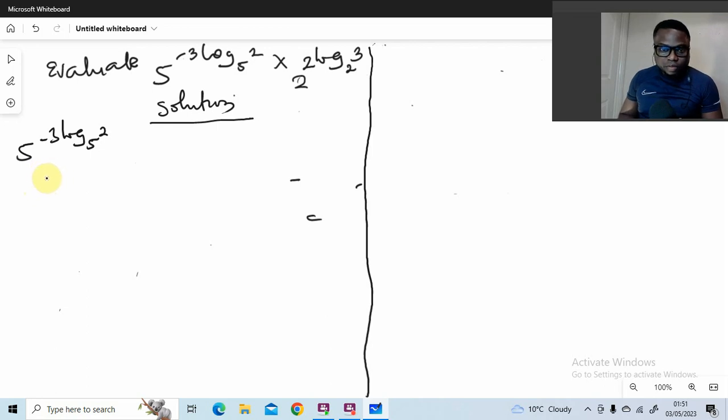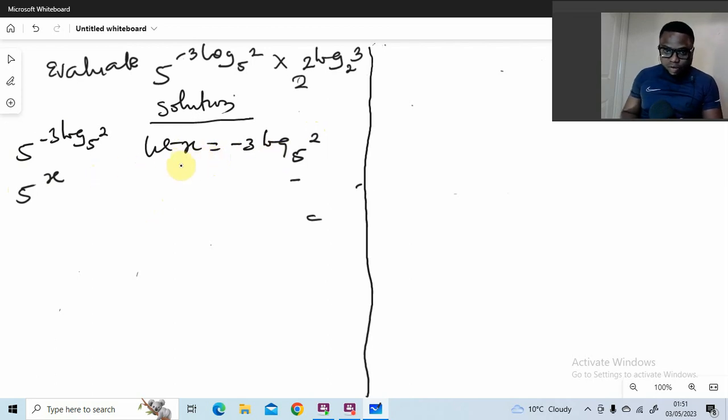Now that I'm doing that, let x equal minus 3 log 5 raised to the power of 2. Now the whole of this expression will be 5 exponent x, so I have to look for the value of x.